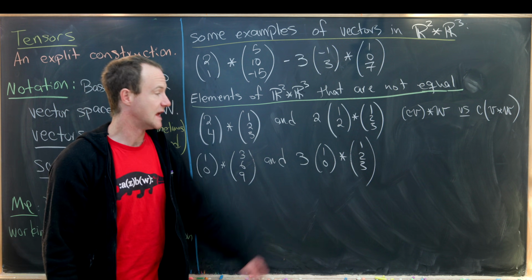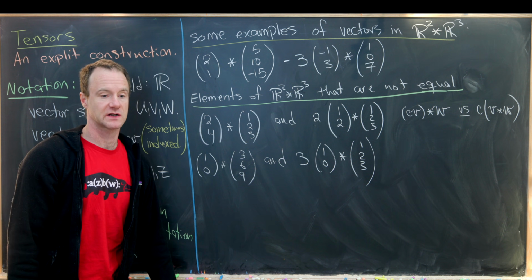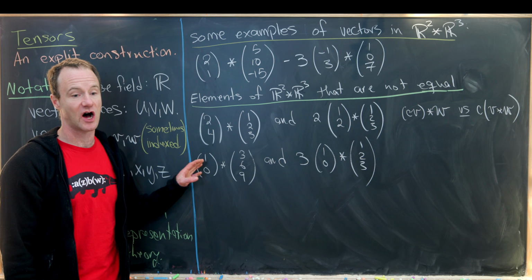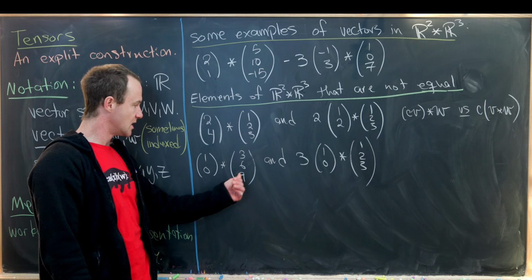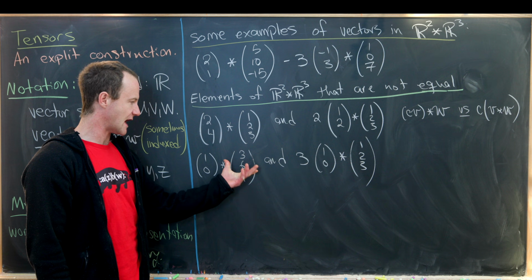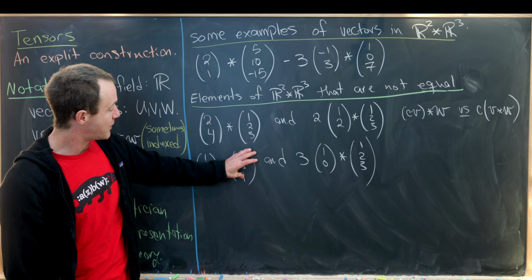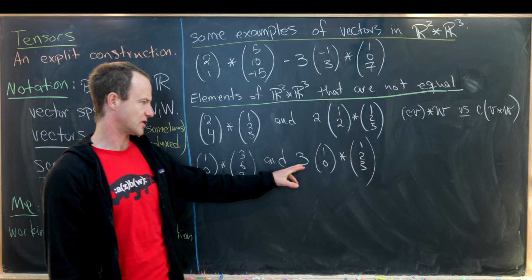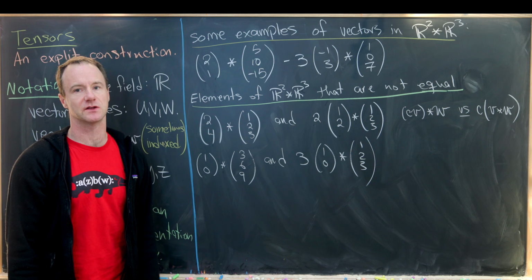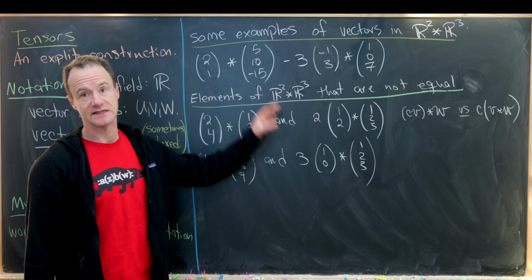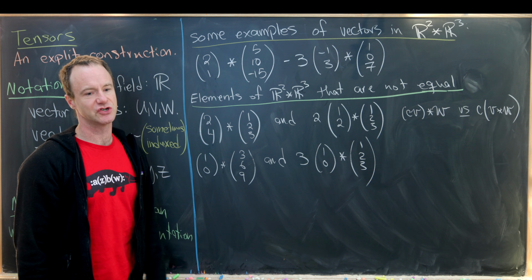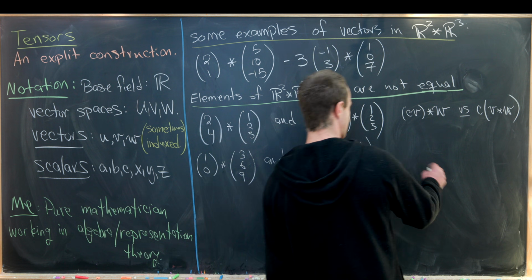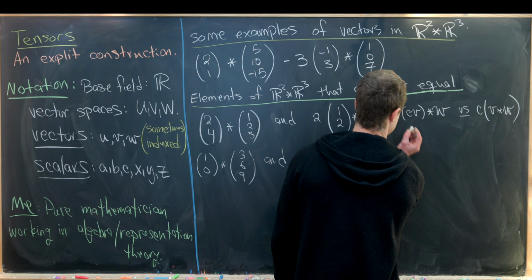So again, in our formal product of these two vector spaces, these are not the same, but they feel like they should be the same because we could factor a 3 out of every component of this second vector and have it scalar multiply onto the whole object. So like I said, in our formal product, those are not the same, but it seems like they should be the same.